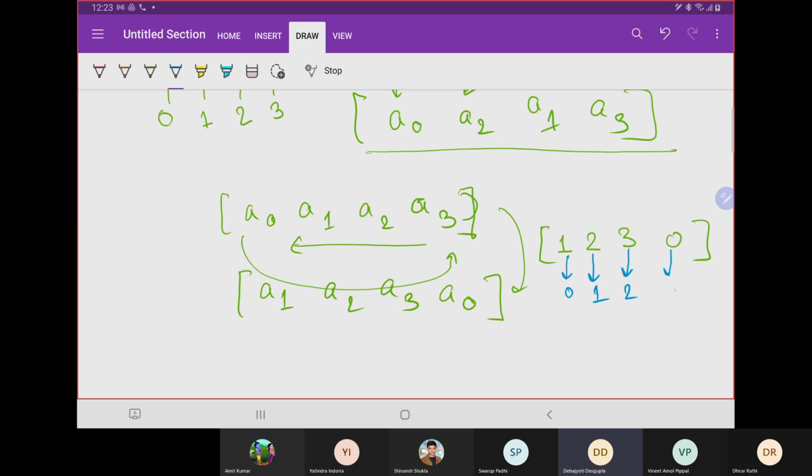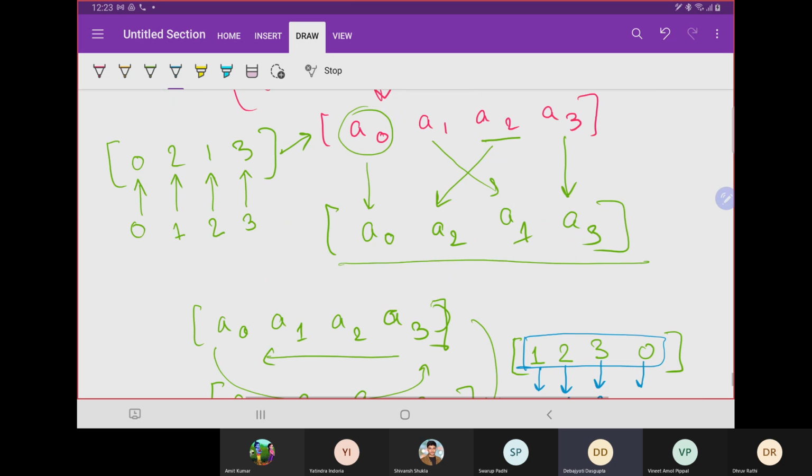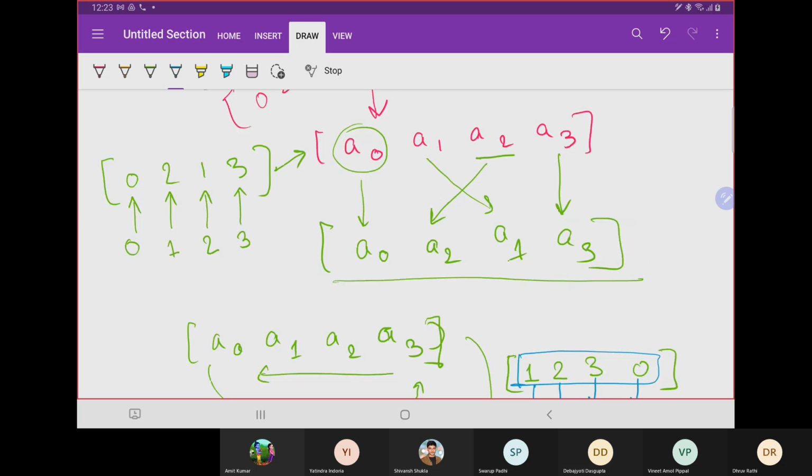These are basically the final positions of the elements. Oh, actually, I had explained this wrong. Sorry, I will explain this again. Just bear with me.